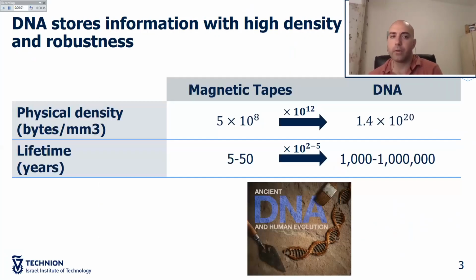DNA is maybe a very good candidate to be the next generation of data storage. In nature, DNA is used to store genetic information with very high physical density and robustness compared to what we know today, the state of the art magnetic tapes.